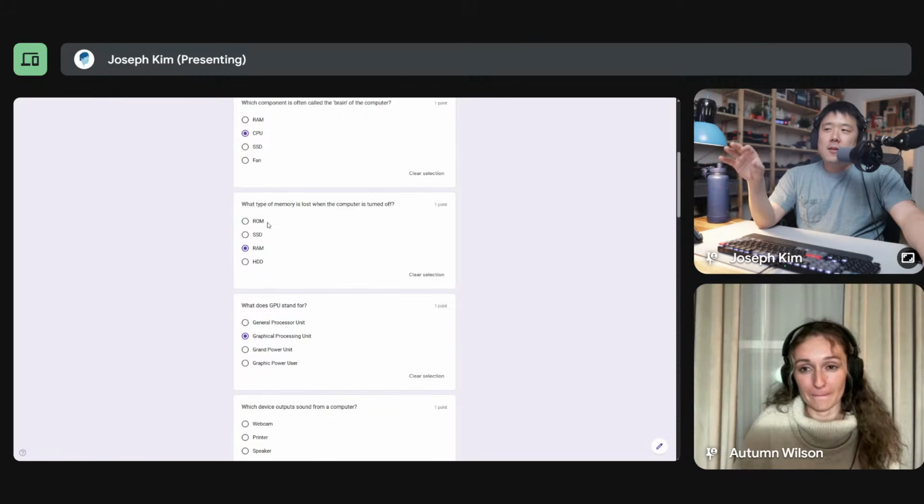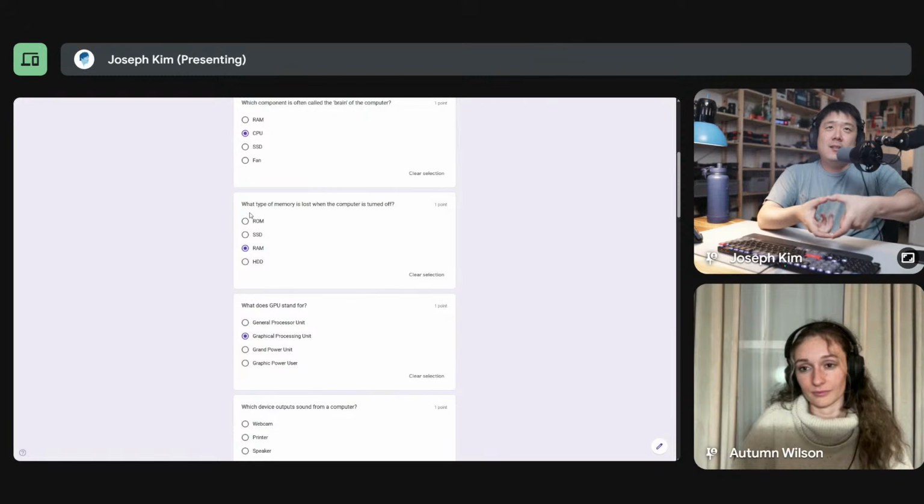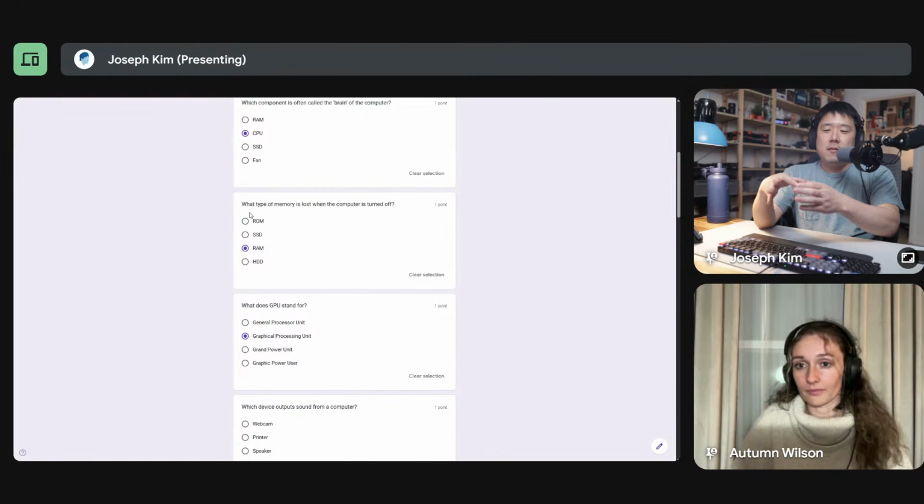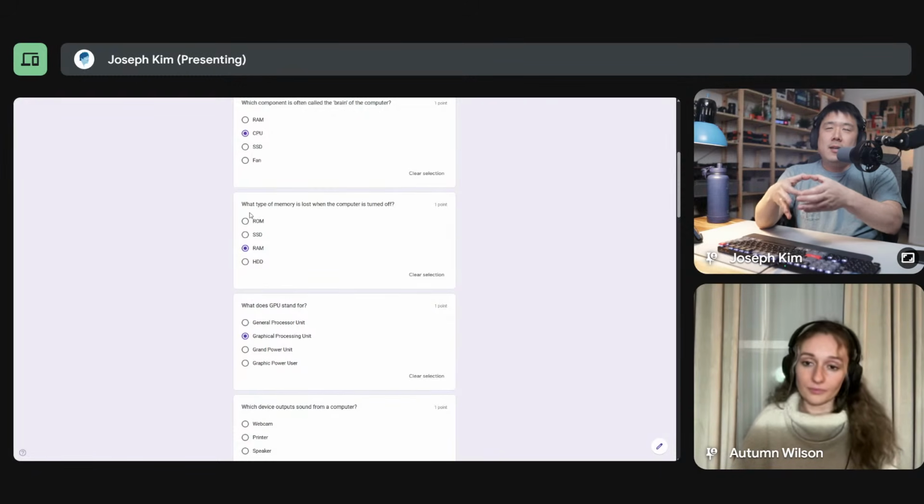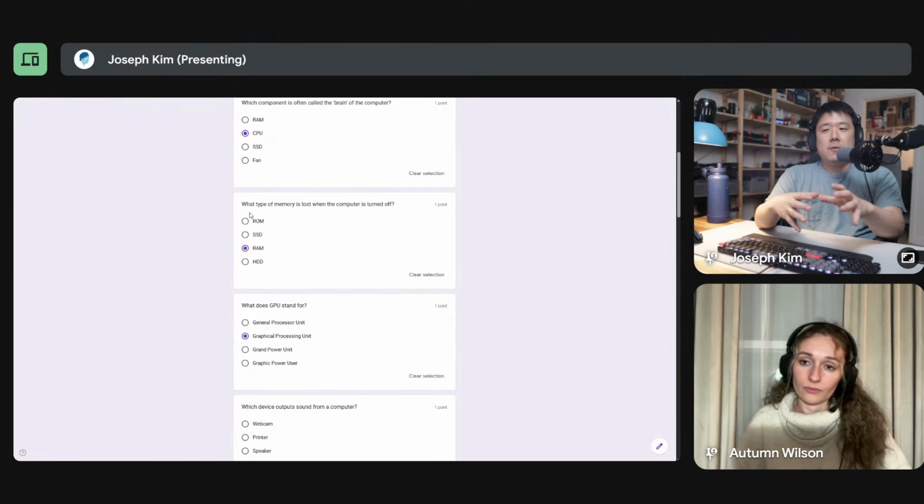ROM is typically not a terminology that we use these days. CD-ROM is basically your CD, and it stores data. SSD is a solid state drive, which is a different type of storage device. You've heard of hard drives, often called hard disk drives.